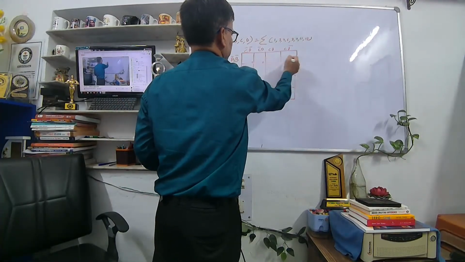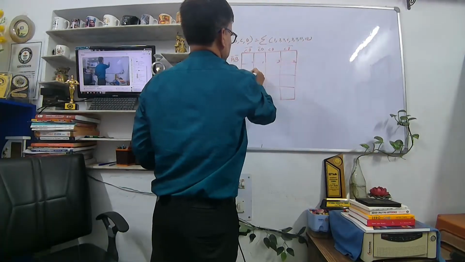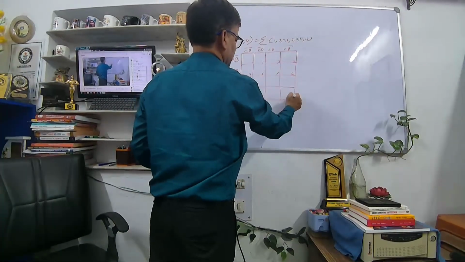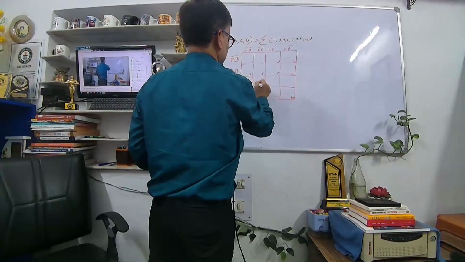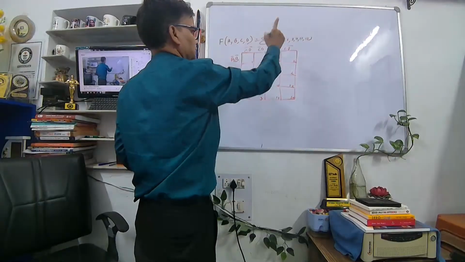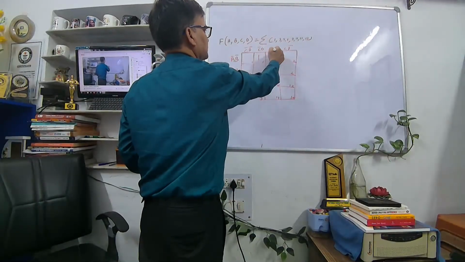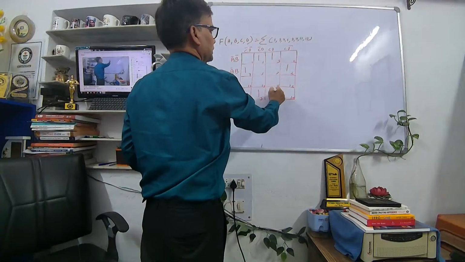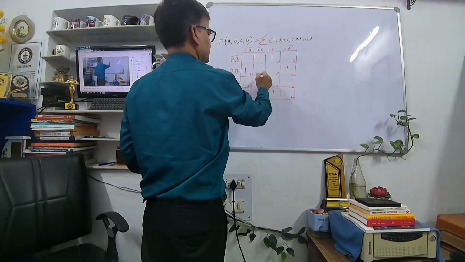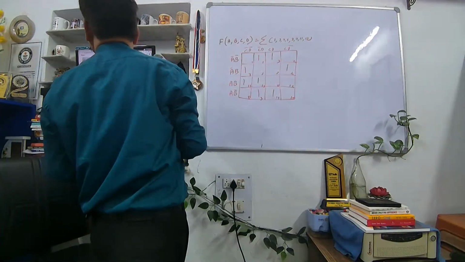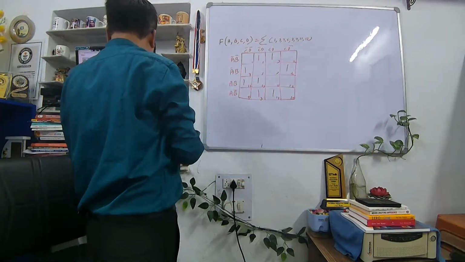This is 0, this is 1, this is 2, this is 3, this is 4, this is 5, this is 6, this is 7, 8, 9, 10, 11, 12, 13, 14, 15. Now it is 1, 3, 4, 6, 9, 11, 12, 13. Right?